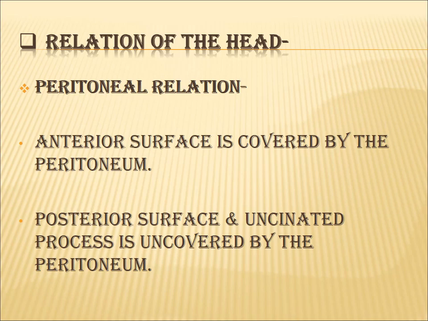As it is behind the peritoneum, the posterior surface of the head of the pancreas is devoid of peritoneum, and the uncinate process, which is below the impression of the transverse colon, is also devoid of peritoneum.